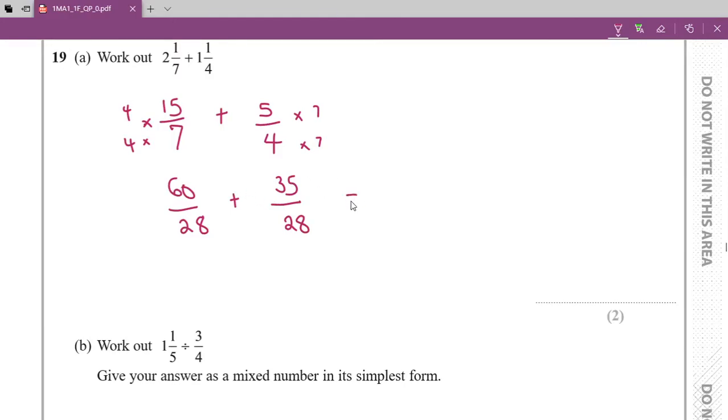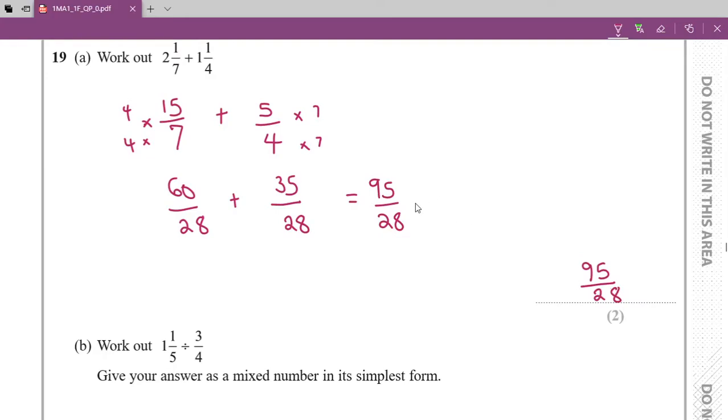And if I add them up, 60 add 35, that's going to be 95 over 28. So I'm going to write down here 95 over 28. Let me try to make this even clearer. That's 95 over 28.